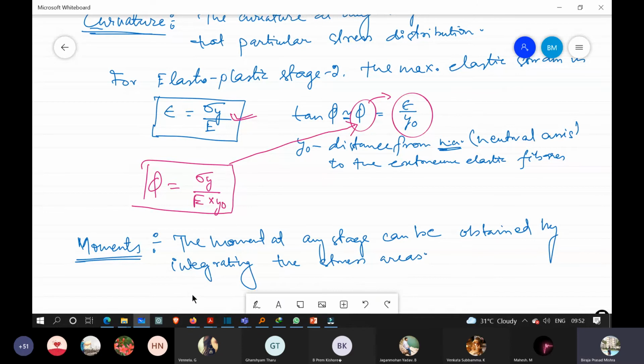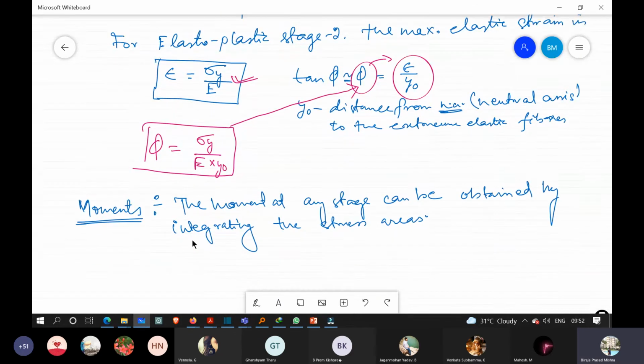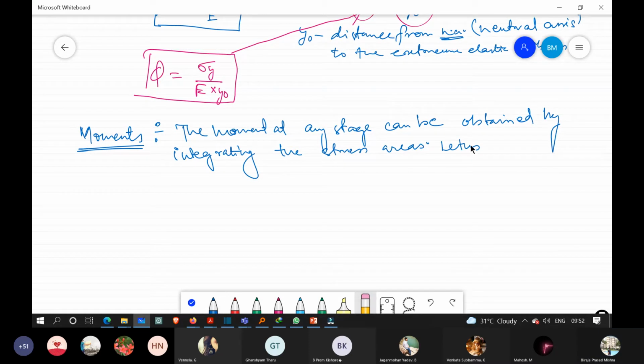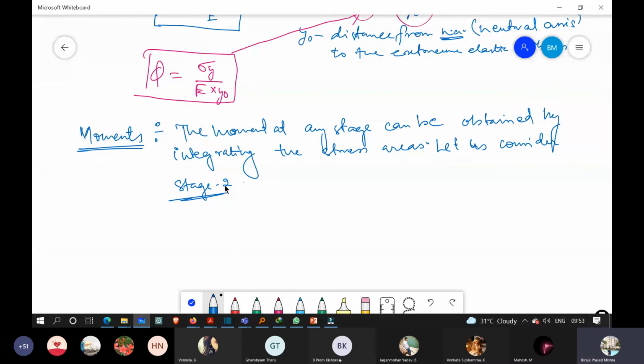Now let us consider, for example, stage 2. At stage 2, how is the stress distribution? The stress distribution is like this.